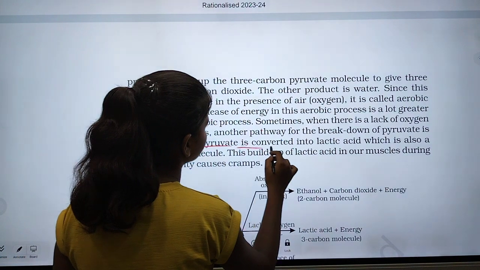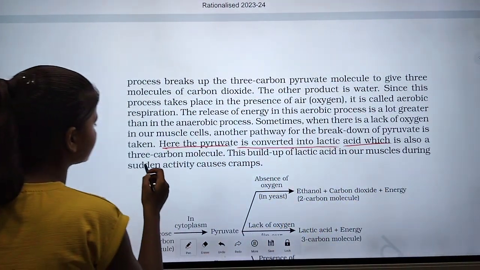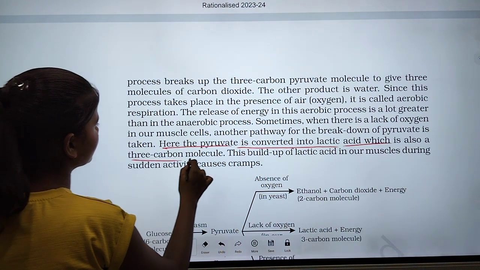Here the pyruvate is converted into lactic acid, which is also a 3-carbon molecule.